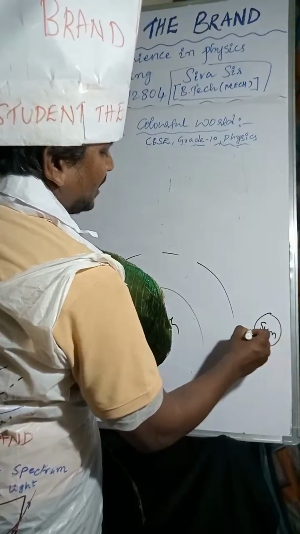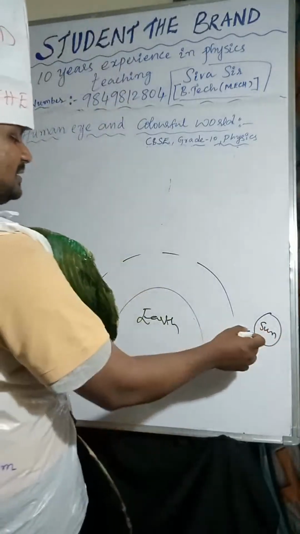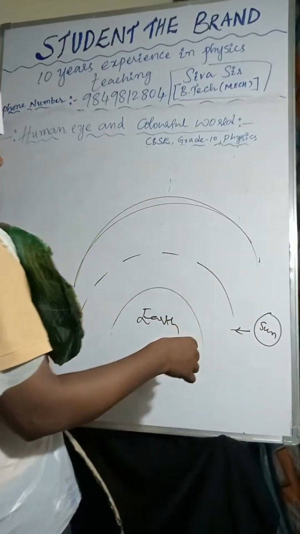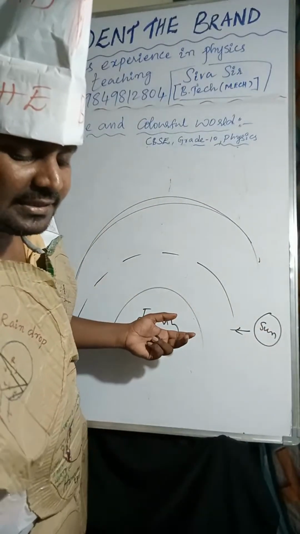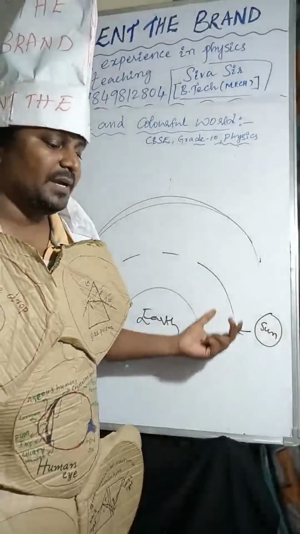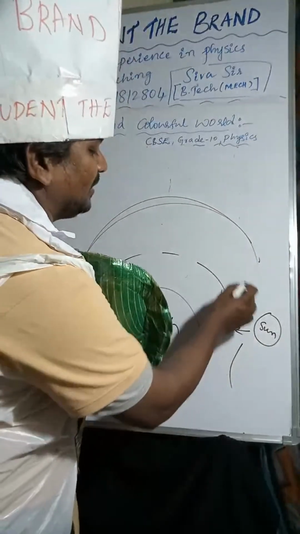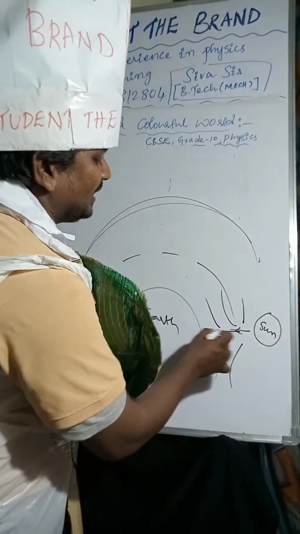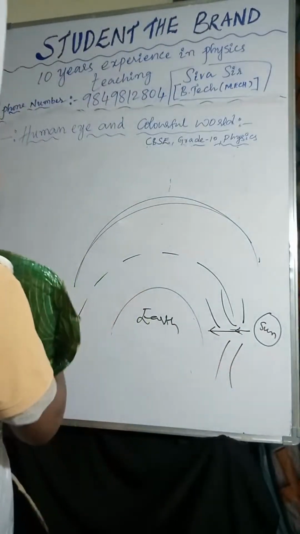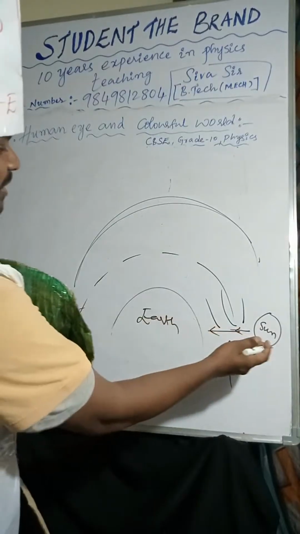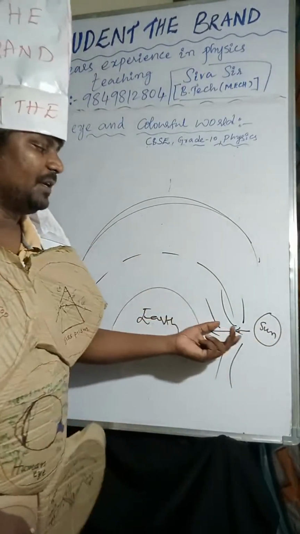If the light ray is coming from the sun, this distance is more compared to the remaining distance. So whenever the light rays are incident, because of the atmosphere present, all the colors will scatter away. Only red color will travel a long distance, even in the evening time. So that is the reason it appears reddish.